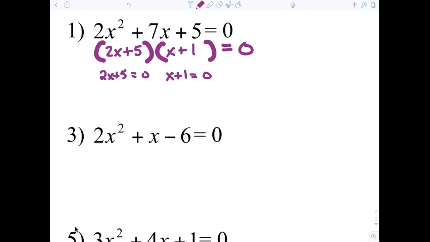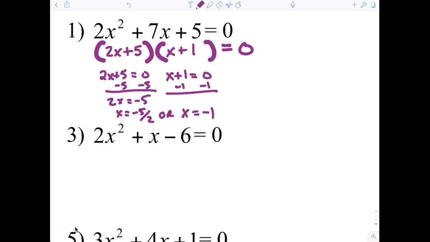When I solved those 2 equations, minus 5, minus 5. 2x equals negative 5, x equals negative 5 over 2. Anybody have any questions? Then finally over here, subtract 1, so x is equal to what? Negative 1.